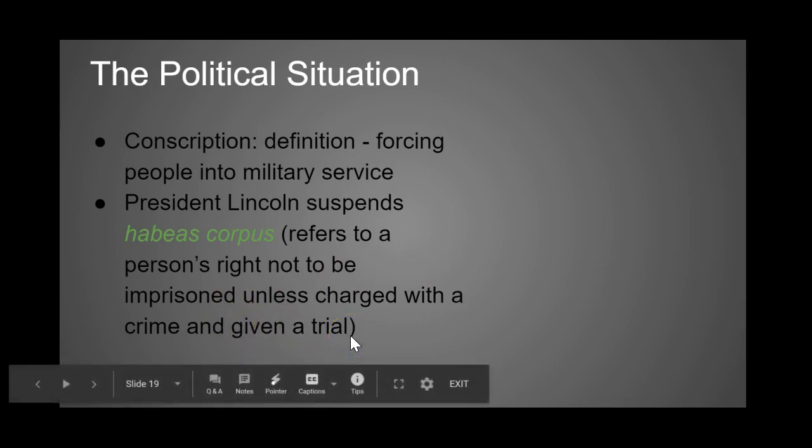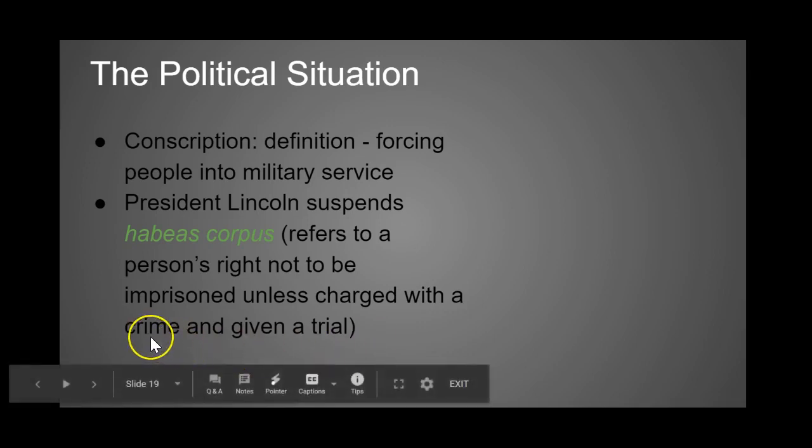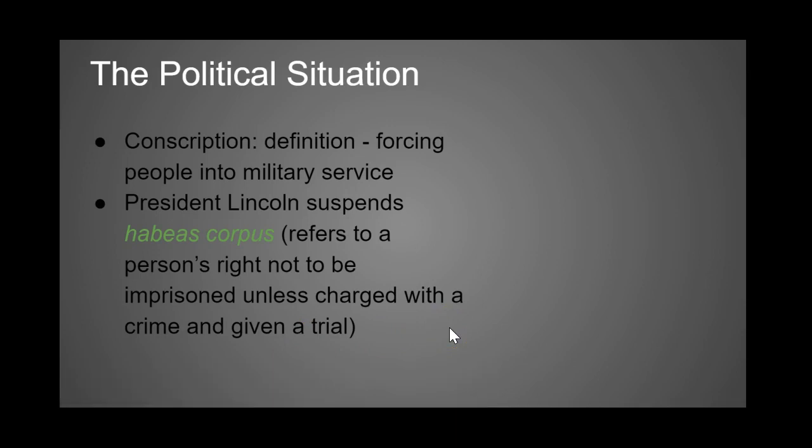So you can't just be thrown in jail because somebody says that you did something wrong, right? We have to be charged by the police with a crime, and then we are given a trial to decide what happens to us. This is protected by the Constitution.